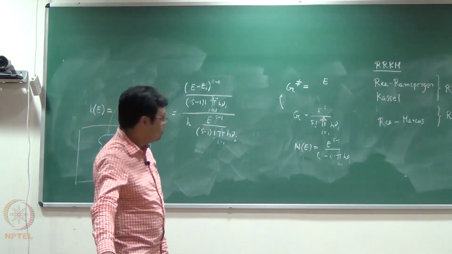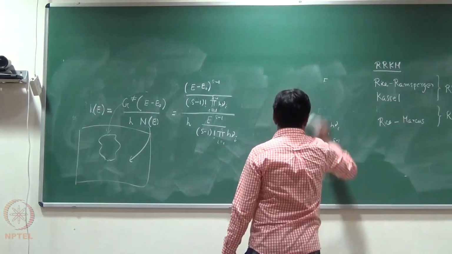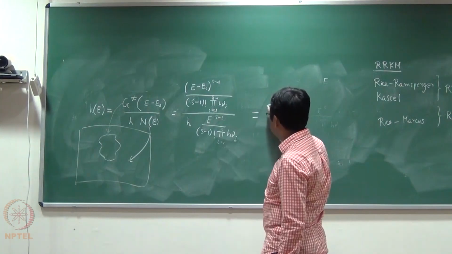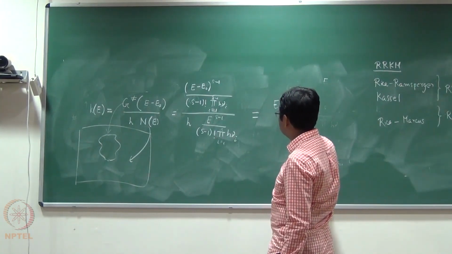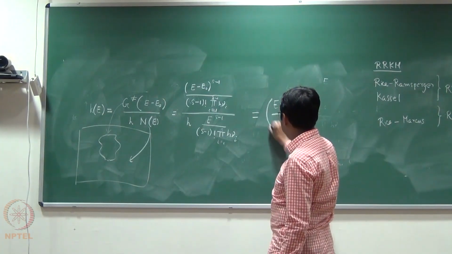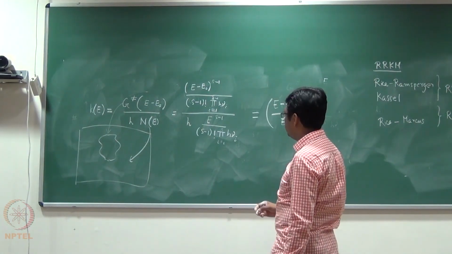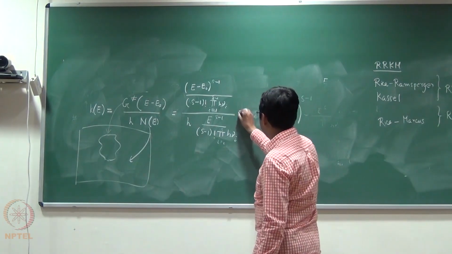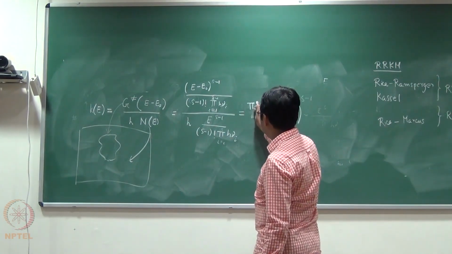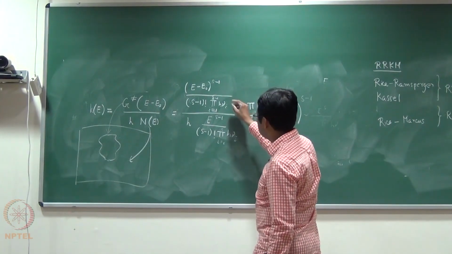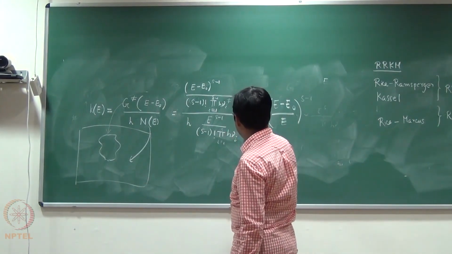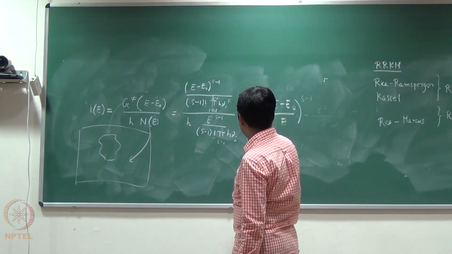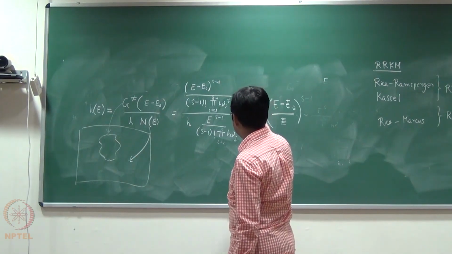So this expression is reduced to something like this: E minus E0 divided by E to the power S minus 1, and then I'll have an interesting thing here, the product of nu i, sorry, this should be nu dagger, divided by the product of nu i, where i is going from 1 to S, and i is going from 1 to S minus 1.